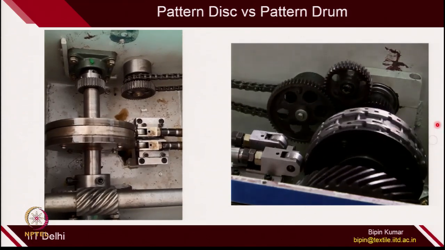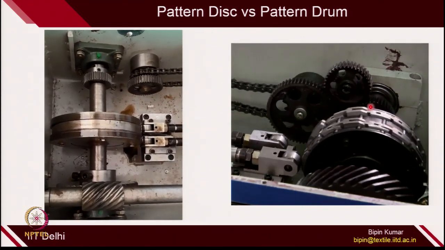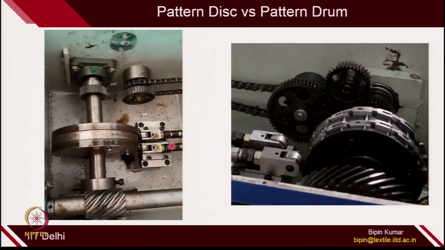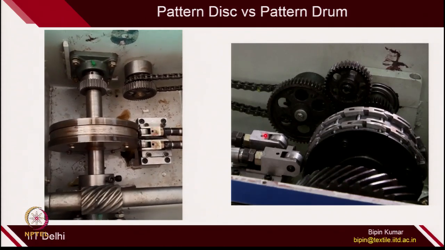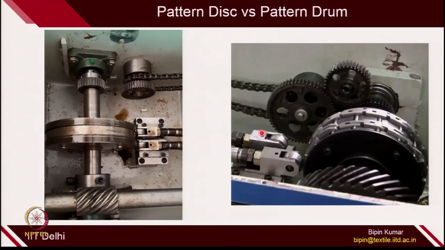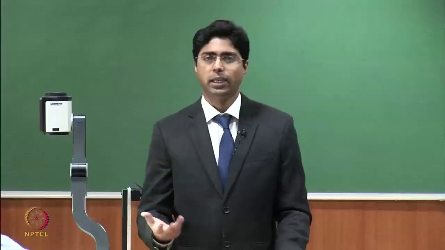So, here if you see both the disc and drum, it has two profiles. So, 2 chain links, and here also 2 discs, and you can see here also 2 possibilities of 2 bar. So, usually in the market you will find most of the tricot machines or warp knit machines have minimum 2 guide bars.